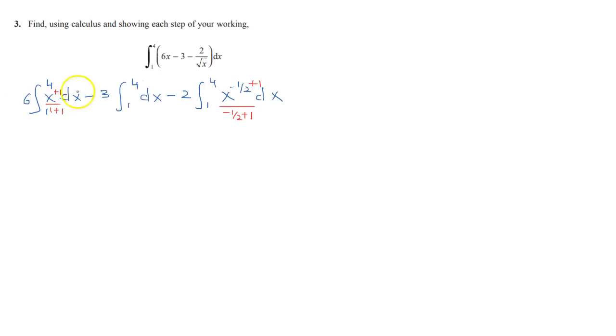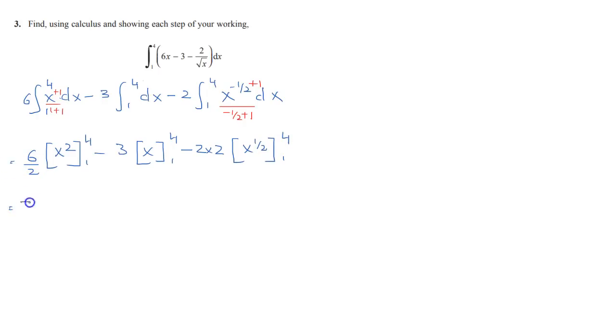So it will be 6 times x squared over 2, from 1 to 4, minus 3 times x, from 1 to 4, minus 2, and this minus half plus 1 is half, so this will be multiplied by 2, and this will be x to the power half, from 1 to 4.